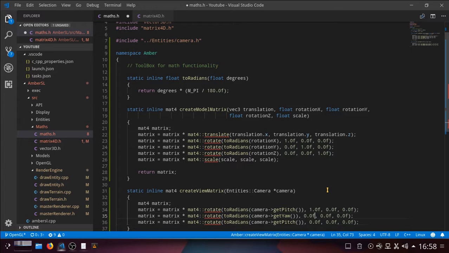Yaw is the rotation around the y-axis. That is spinning around on the spot. Yeah, that's the y-axis. That's the yaw, correct. So that's pitch, yaw. And what was the last one? We had a roll. Let's roll with it. And that'll be the z-axis, obviously.